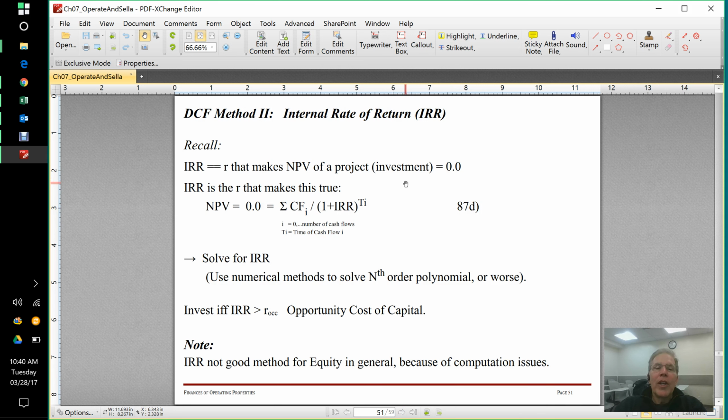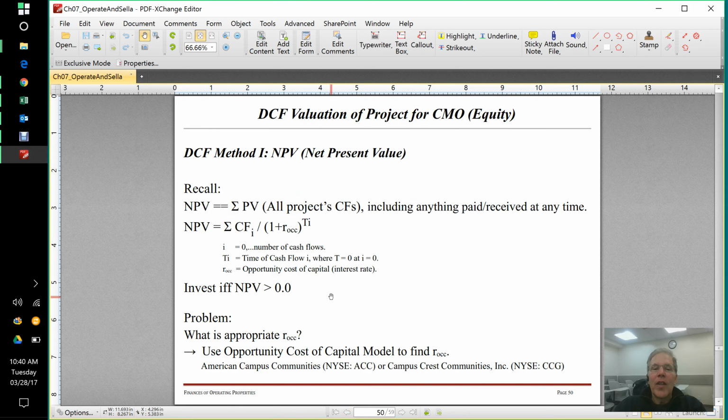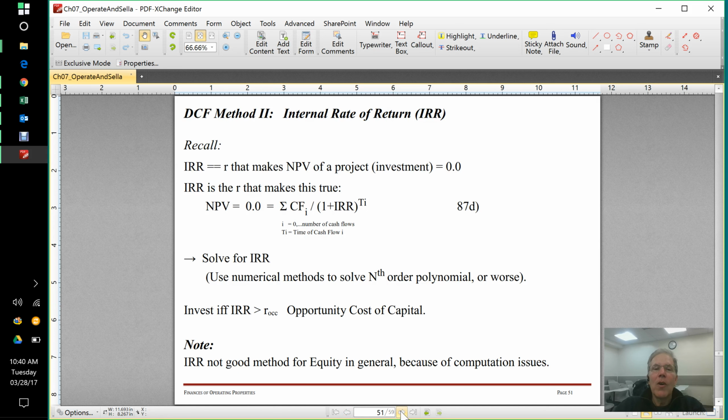Second method we could use is the IRR method. And in this case, we would say we invest if the IRR is greater than the opportunity cost of capital. Of course, with NPV, jumping back a page, we're going to invest if the NPV is greater than 0. Okay.